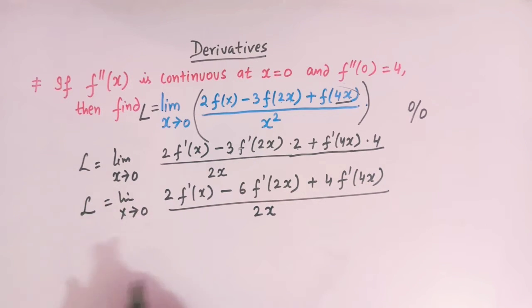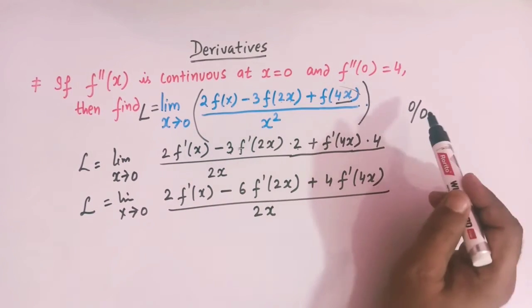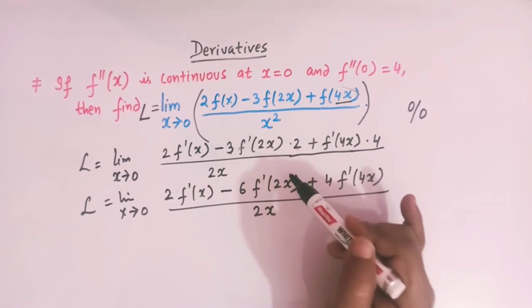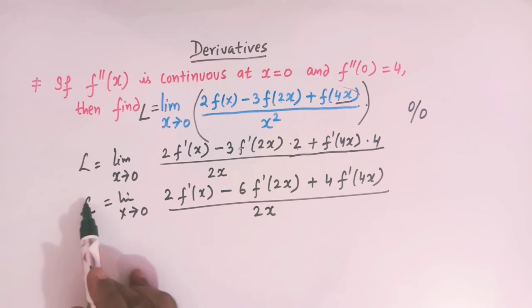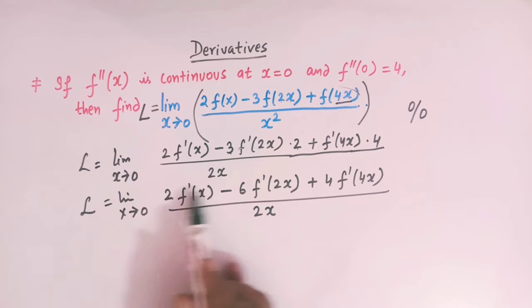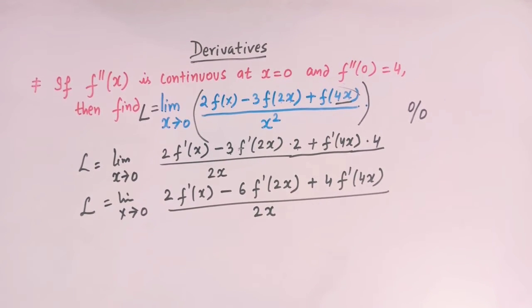So now when we apply L'Hopital's rule in the first stage, after taking the derivatives, the limit L assumes this form, right? Okay, so now let us come to the second step.